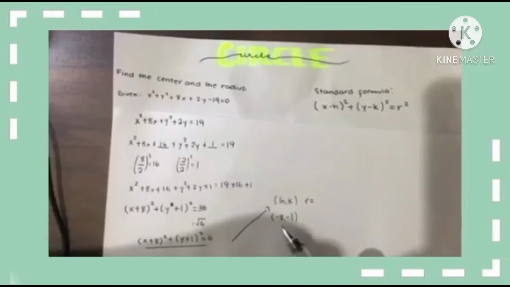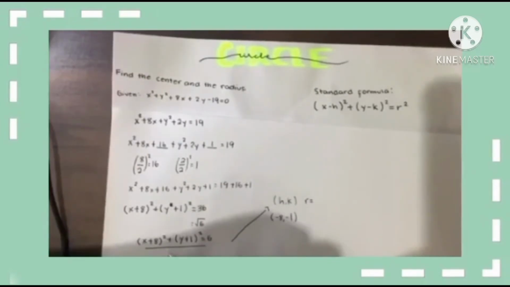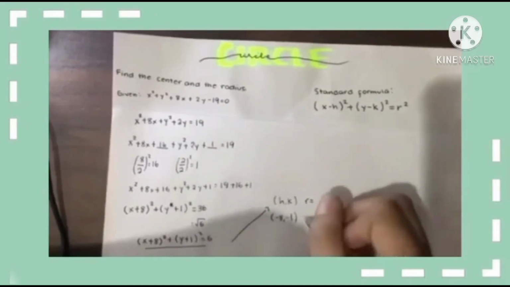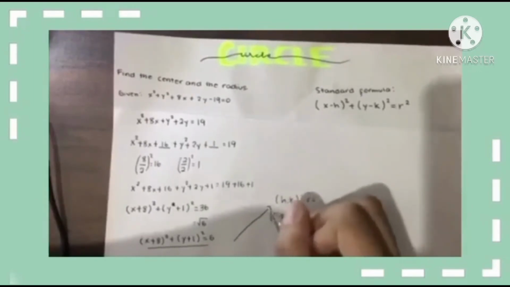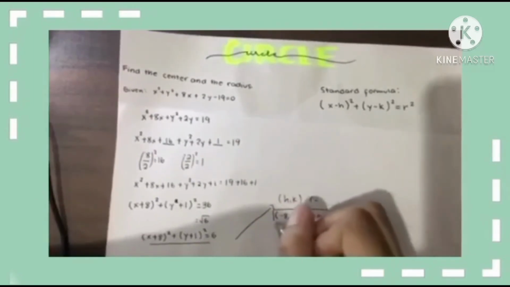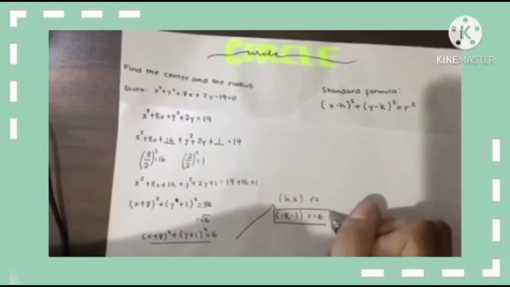It is negative because whenever you transpose a number, the sign should be changed. And our radius is 6. This is our center and our radius.